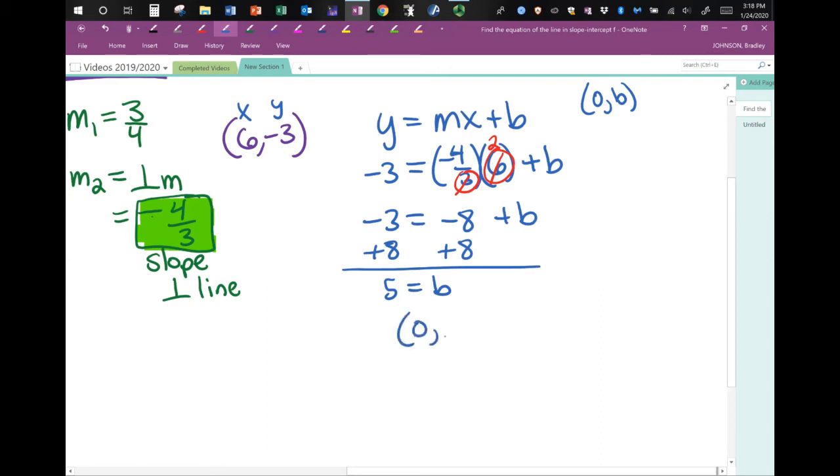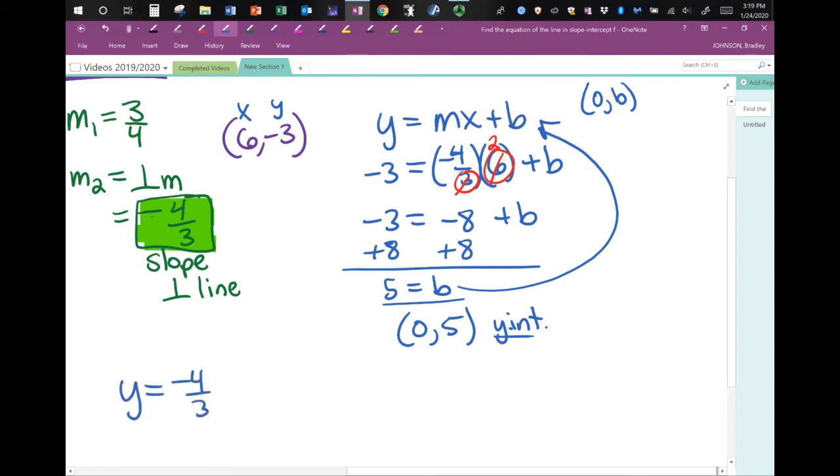So that tells me my y-intercept, right? My y-intercept, (0, 5). But really, we just need to keep in mind we're going to place this right where the b is. So our final answer would be y = -4/3 x + 5.